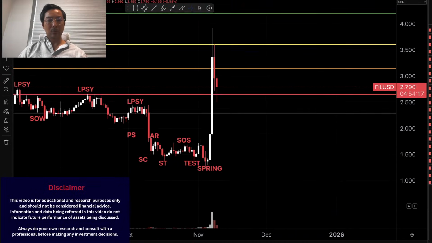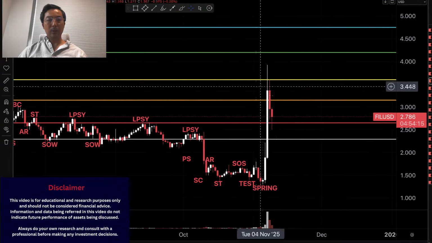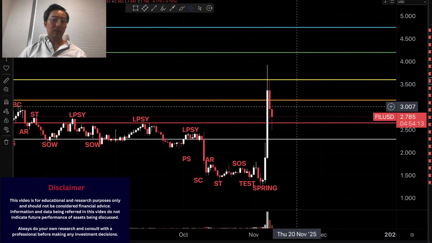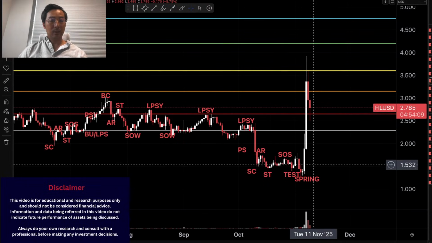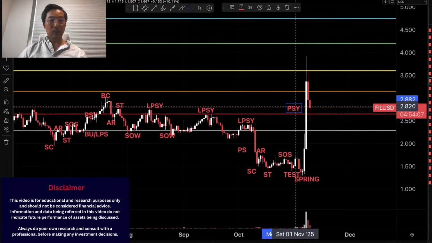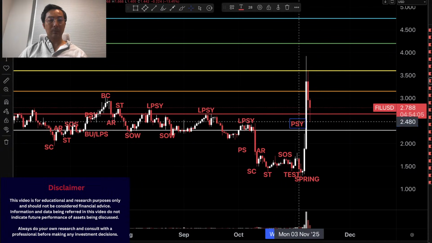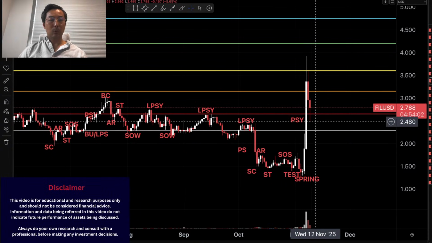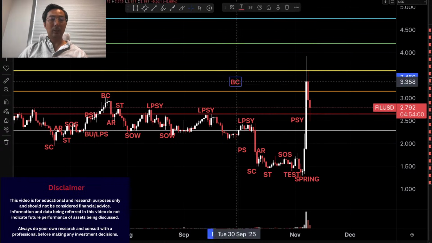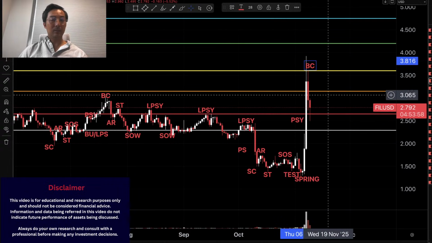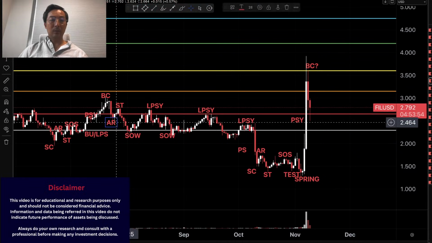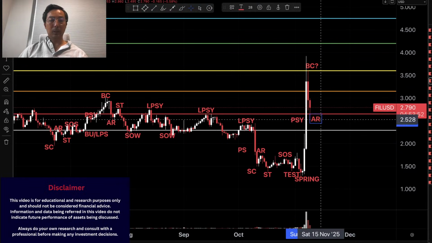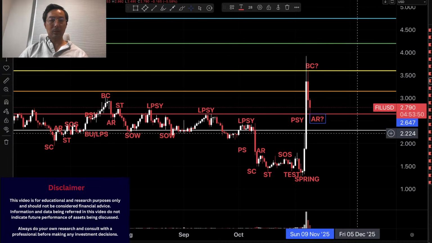So right there, assuming this, let's say in the daily chart, is the PSY, all right, that might have gone through in one day. This maybe is the buying climax, and we're probably seeing the automatic reaction.